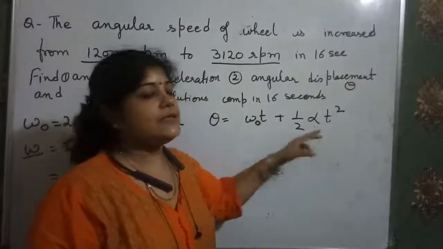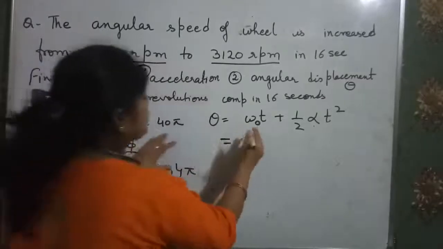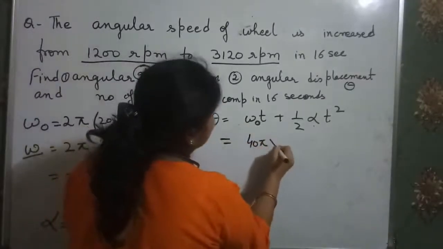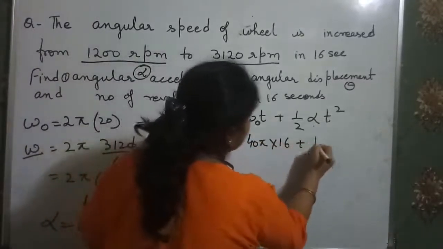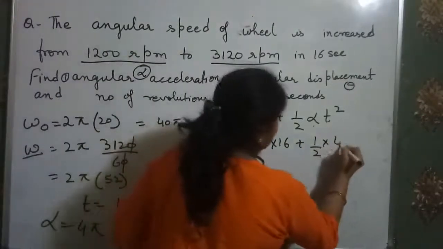Now put all the values: omega 0 is 40 pi, time is 16 seconds, plus half alpha, which is 4 pi, times 16 squared.